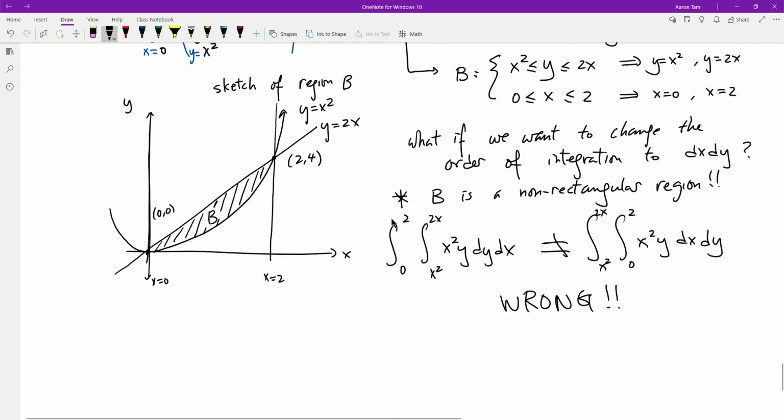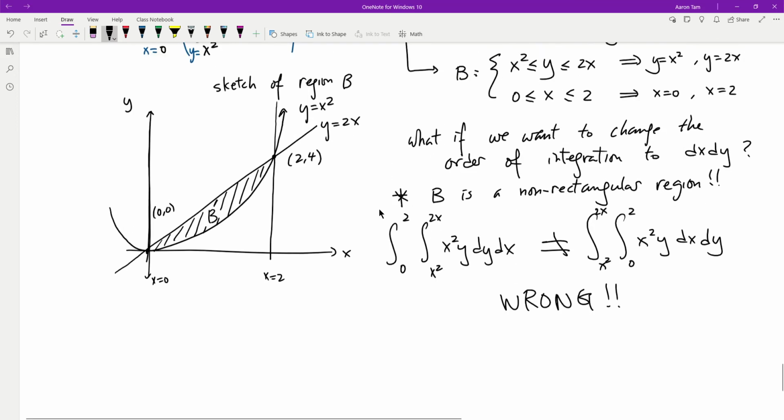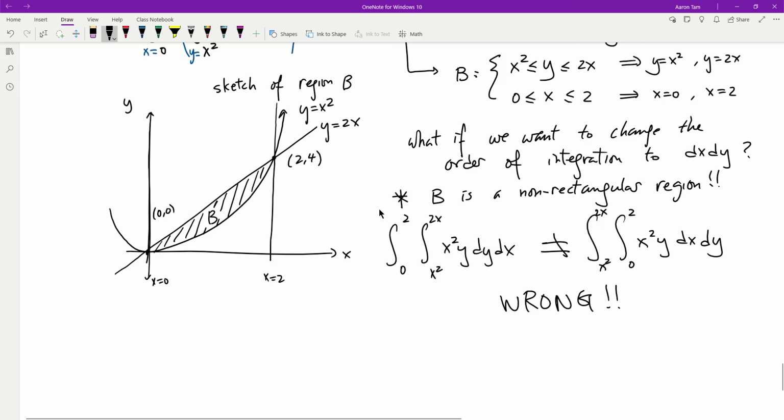Well, it's by redefining region B using the proper inequalities. Notice that right now I'm defining B using these two inequalities: x squared first, then 2x.